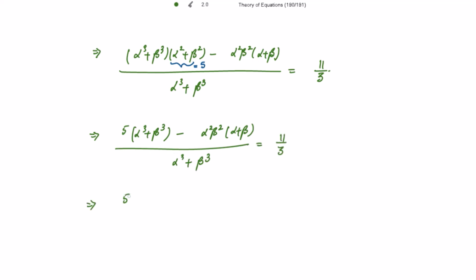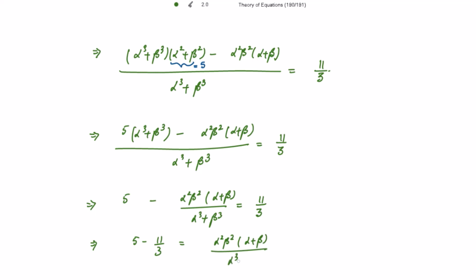Separating the terms, this is 5 minus alpha square beta square into alpha plus beta divided by alpha cube plus beta cube equal to 11 divided by 3. Taking this to the other side, we get 5 minus 11 by 3 equal to alpha square beta square into alpha plus beta divided by alpha cube plus beta cube.